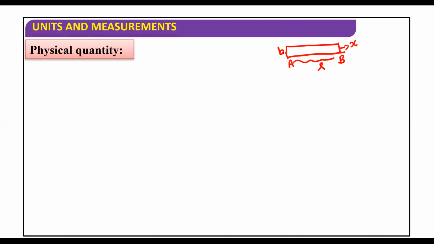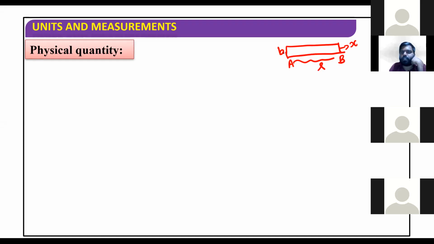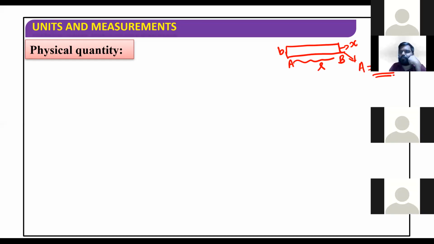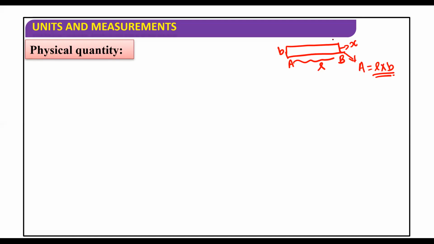Using these two measured quantities, we can calculate the area, which is equal to length multiplied by breadth. If I ask you to calculate the area of this block, first of all you have to measure the length and the breadth.